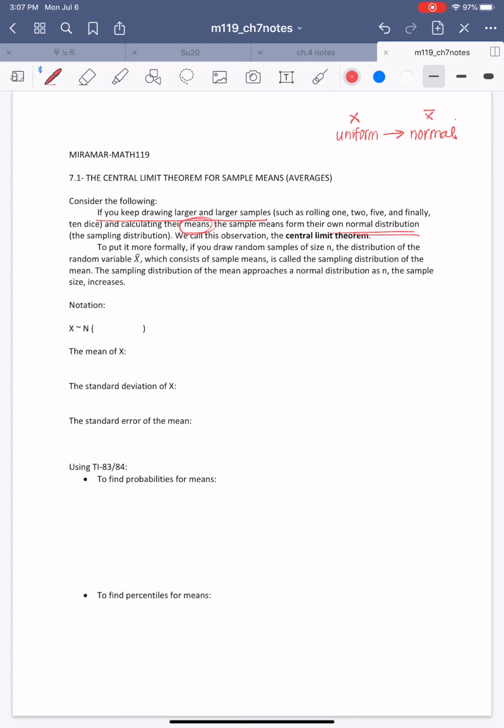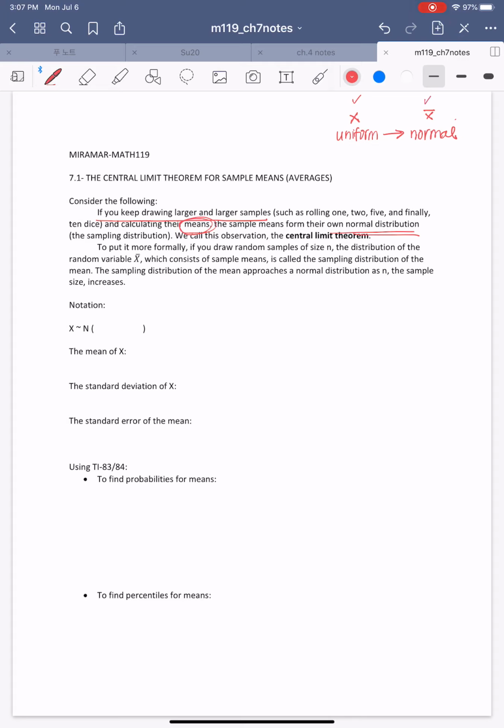Now this is a huge connection I want you to make. In the past, all the way up to chapter 6, we dealt with just the x, a set of sample, 20 samples, 30 samples, a bunch of data values. Now, on top of our sample, I'm going to look at the mean of our sample.